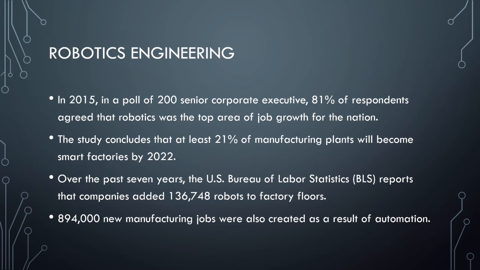So automation is allowing companies to be more efficient, and it's allowing them to reroute their resources so that they can focus on expansion or moving people into other areas where their labor is best used. So they're certainly responsible for creating jobs as well, not just, as a lot of people like to accuse robots of, destroying jobs. So it's very important to keep in mind that they are essentially shifting jobs.